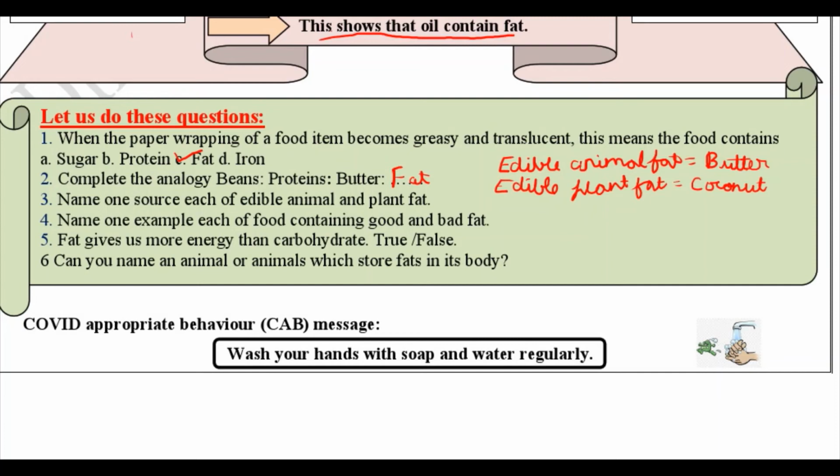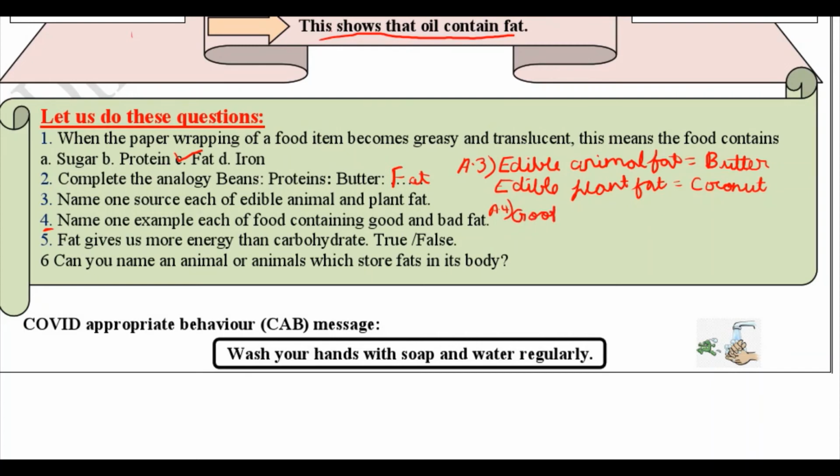Next one you see is the fourth question right here. This is: name one example each of food containing good and bad fat, okay. So this is very simple. I'm going to just mention the answers here. So this is answer 3 here. And this is answer 4. So what is a good fat here?